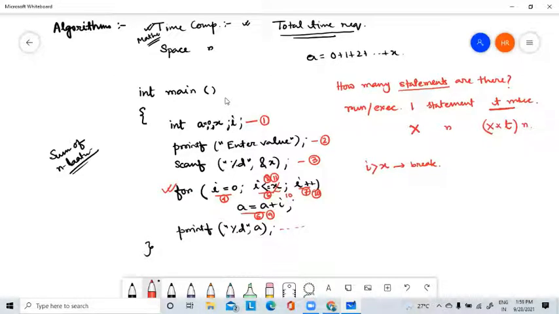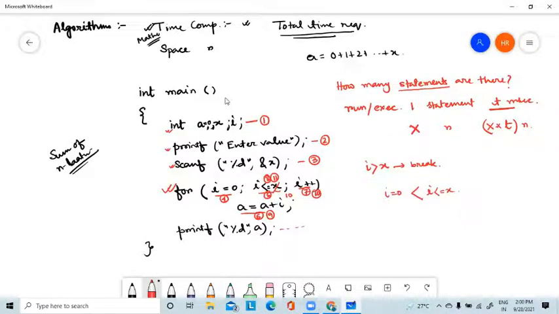We have considered this assumption that every single statement will take the same time, but this is not happening inside the compiler, because a scanf will take more time than this declaration or i equal to 0 initialization. This printf will take more time than this i equal to 0 or i less than equal to x. Now see, this i equal to 0 will take less time than this i less than equal to x.